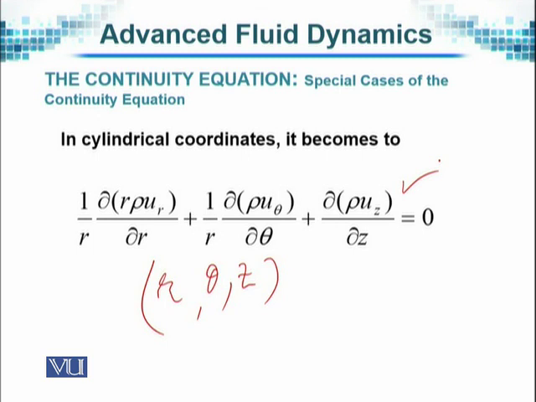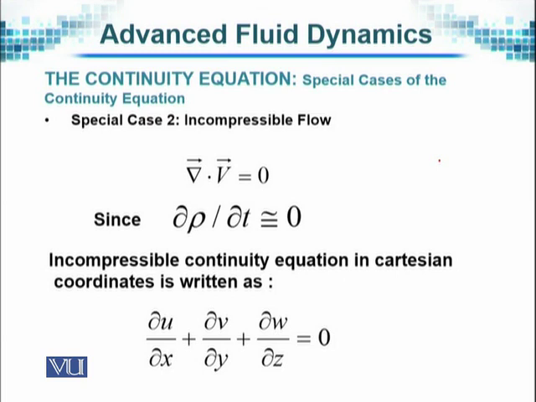The same equation then, and remember, we are considering steady motion, therefore no time derivative is occurring. In another circumstance, when the flow is not only steady, but it is also incompressible.